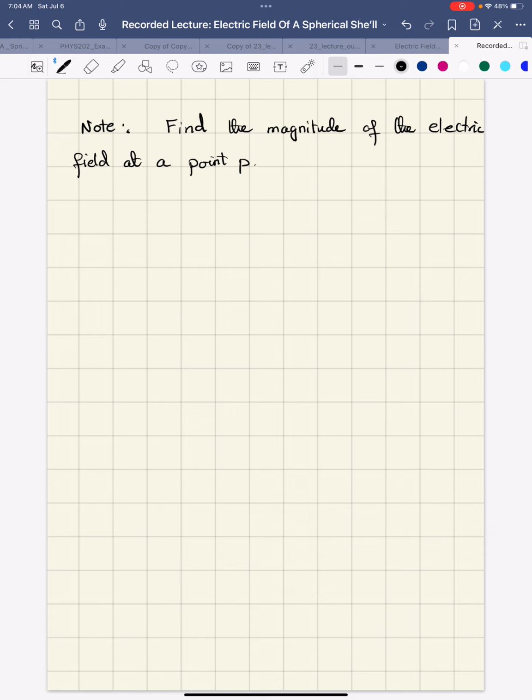One of the things that I want to say here: it depends on whether the electric field expression or magnitude is asked. Sometimes the question says find the expression, or sometimes it's the magnitude, then calculate a numerical value.